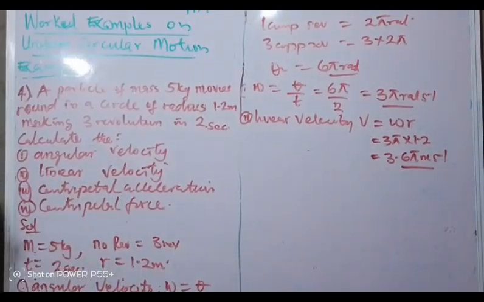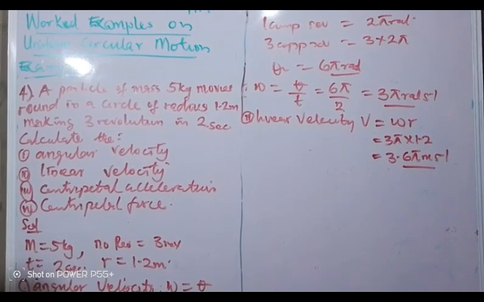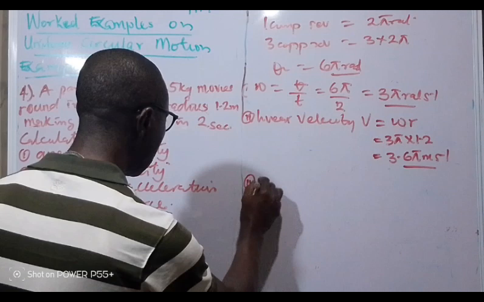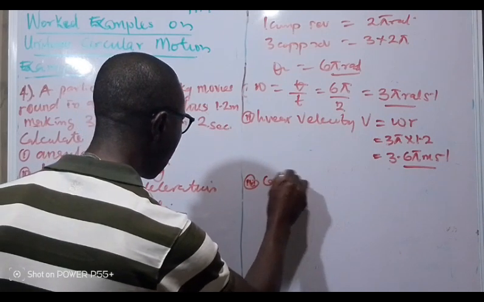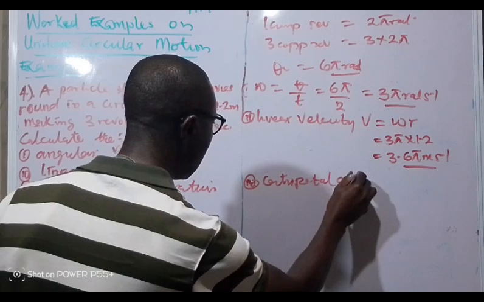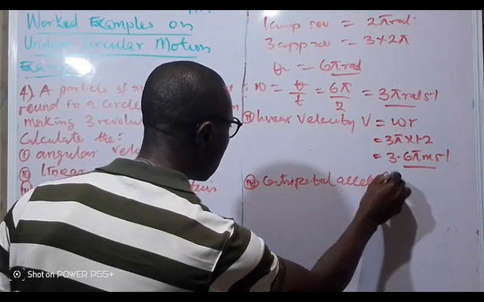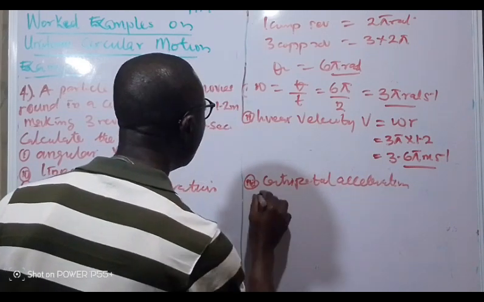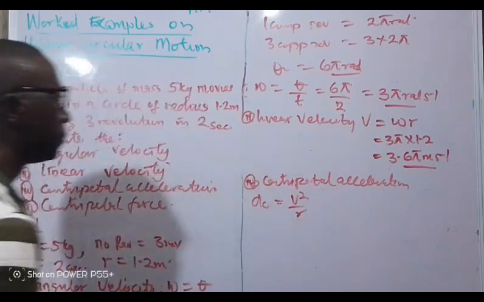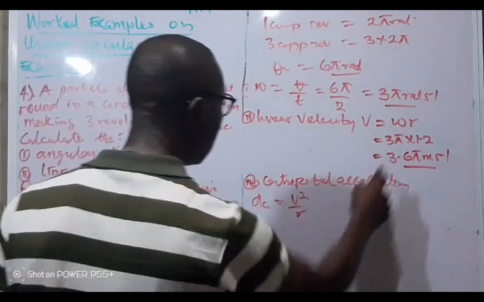The next question is centripetal acceleration. 3. Centripetal acceleration. That one will be AC is equal to V squared over R. And our V here is 3.6 pi.